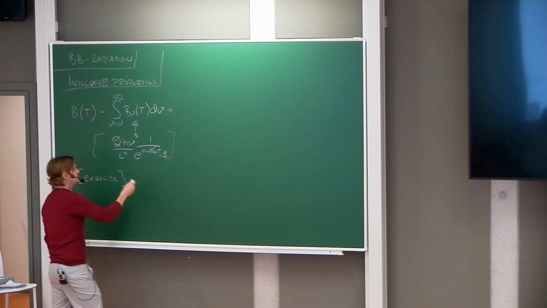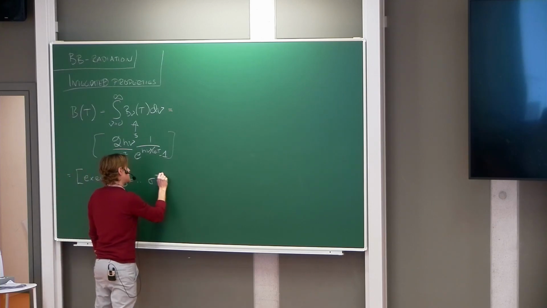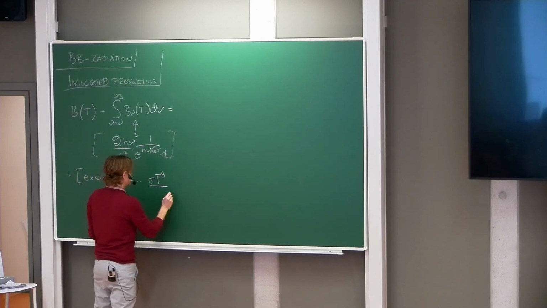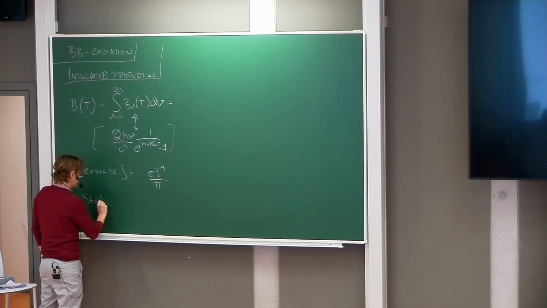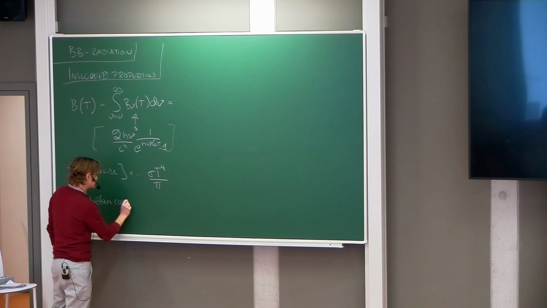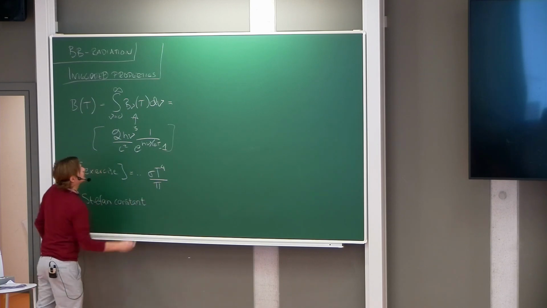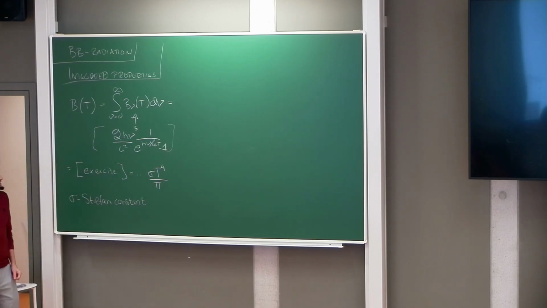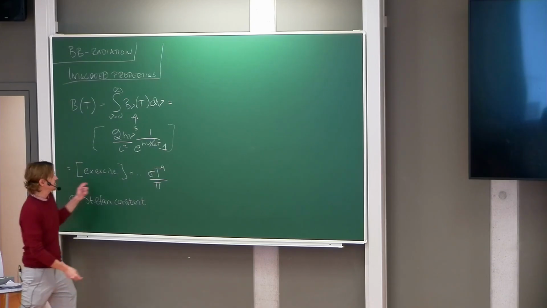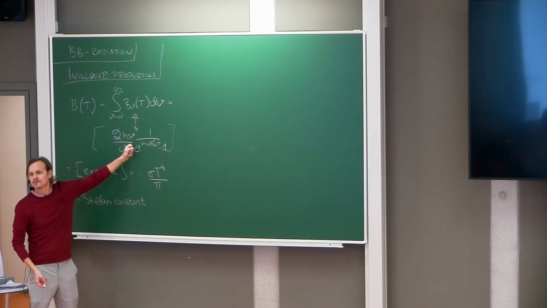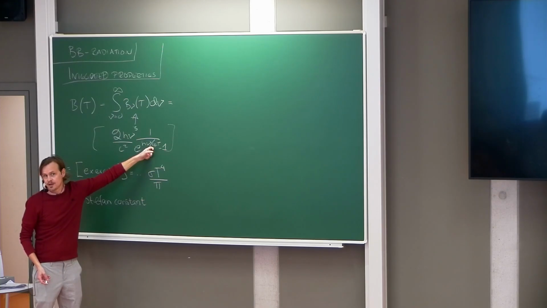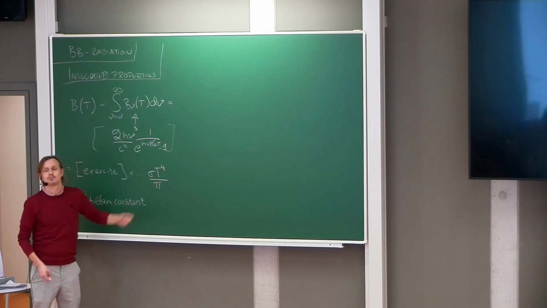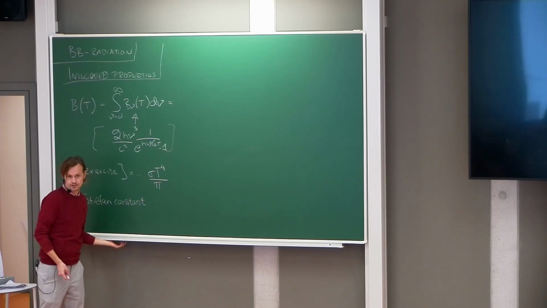The answer that comes out here is sigma T^4 divided by pi, where sigma is the Stefan-Boltzmann constant. Part of the task in the exercise is to see how this is a combination of the fundamental constants that are part of Planck's radiation law. Its numerical value, etc., is also given to you in the course book.